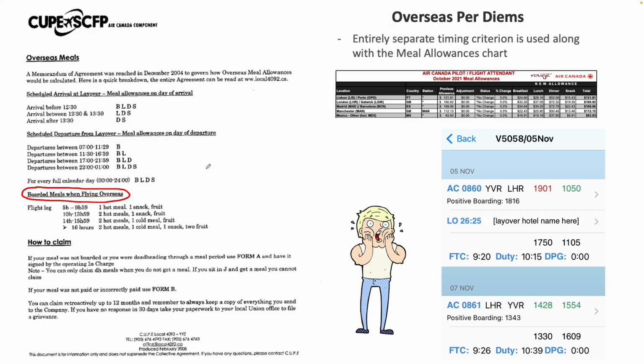So for a flight to and from London, we can see that the flight time credit was 9 hours 20 minutes going to London and 9 hours 26 minutes coming from London. That corresponds to this particular section of the Mystery of Meals, which indicates that we should be expecting 1 hot meal, 1 snack, and 1 piece of fruit to be boarded for us on each of those flight legs.